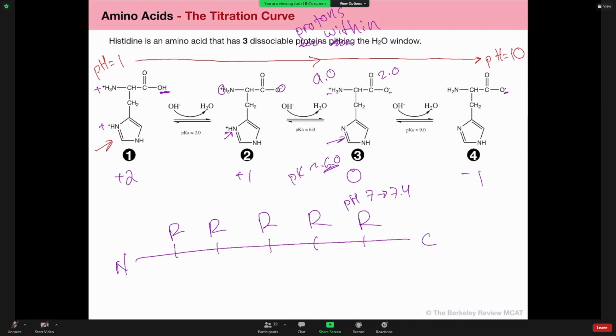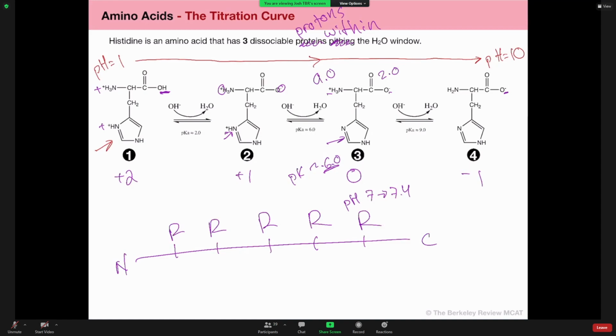So we'll move on. This seems very hard and abstract at first, but the more examples you do and the more you work with it, this is going to become second nature.